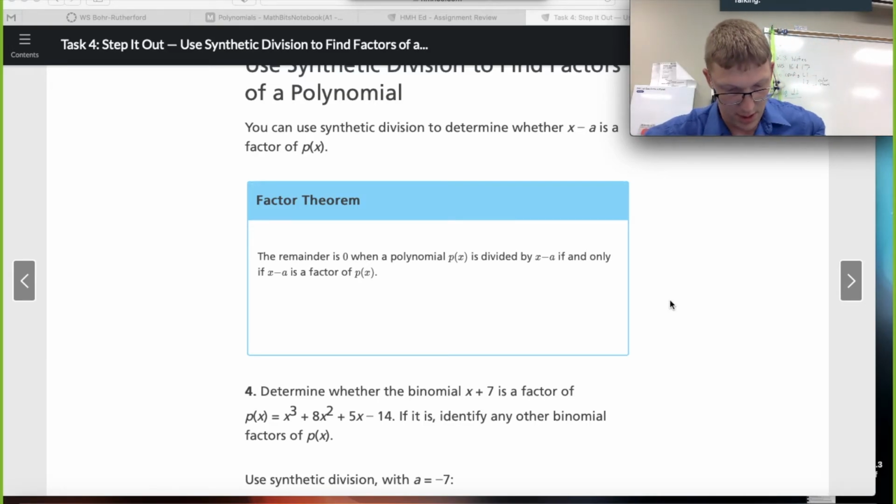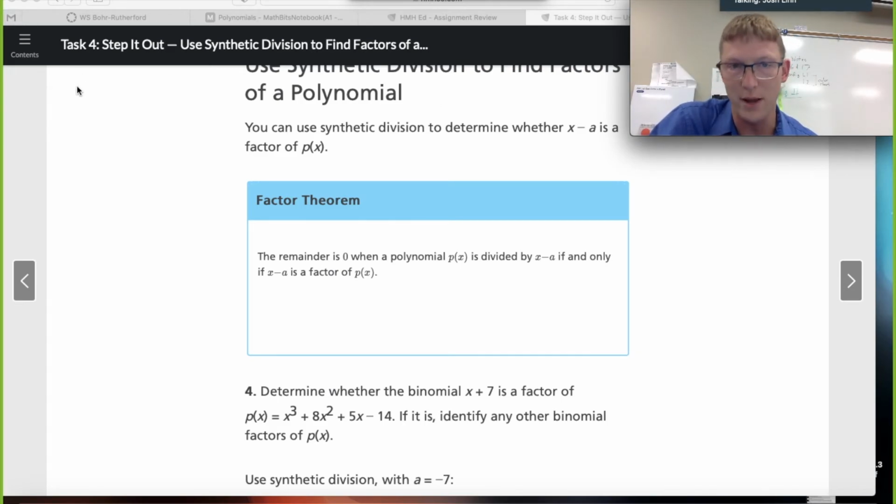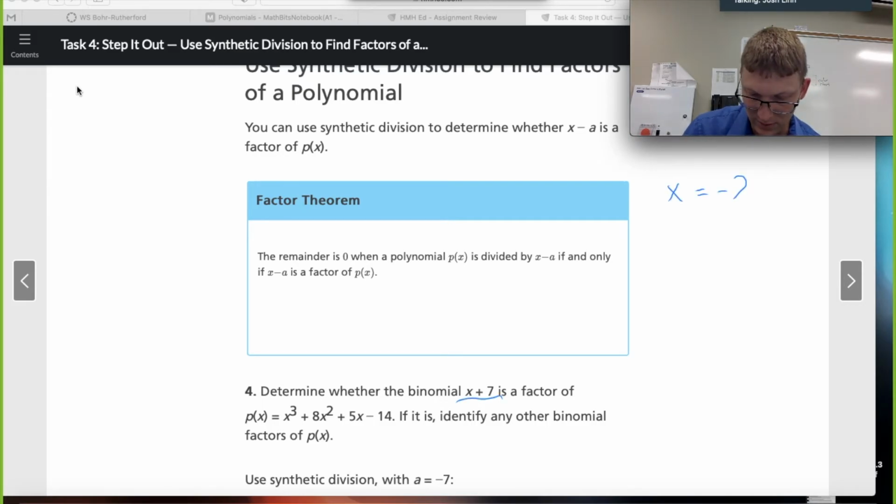First of all, we need to find the zeros, or if you just use your theorem, since it says x minus a, it's always going to be the opposite sign. I like to remember the zeros. I don't know why that sticks in my brain more, but either way. So x in this case is going to be negative 7, because that's what's going to make this equal to 0.